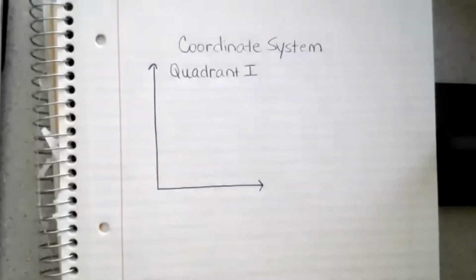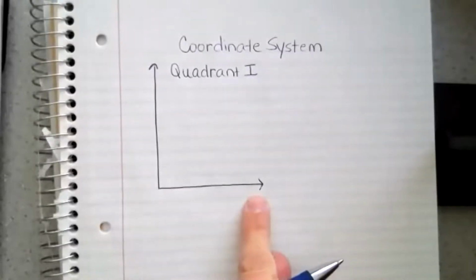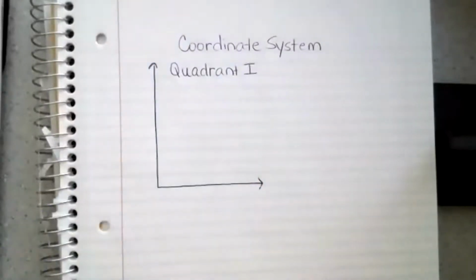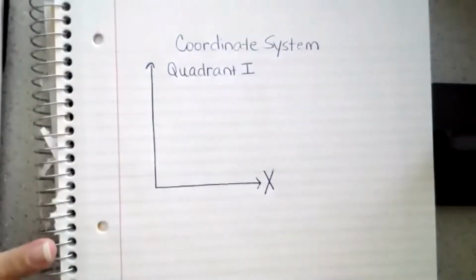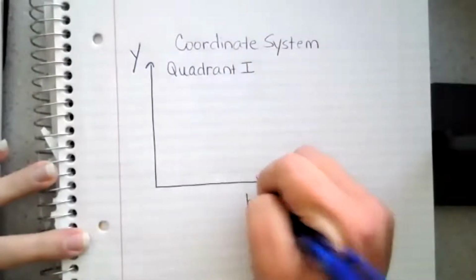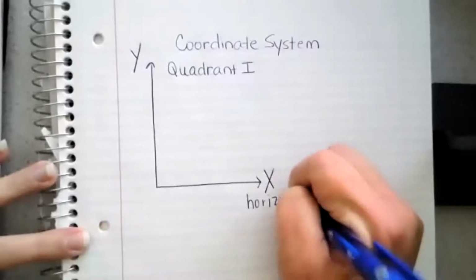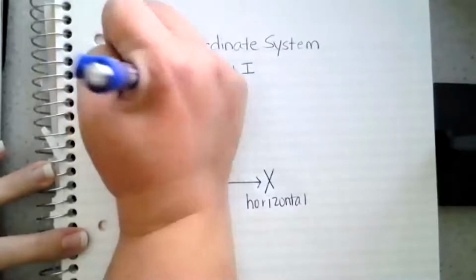And this is going to be the grid that counts with positive numbers on the x-axis and positive numbers on the y-axis. So this axis down here is x. This one is y. X is always going to be horizontal, and y is always going to be vertical.